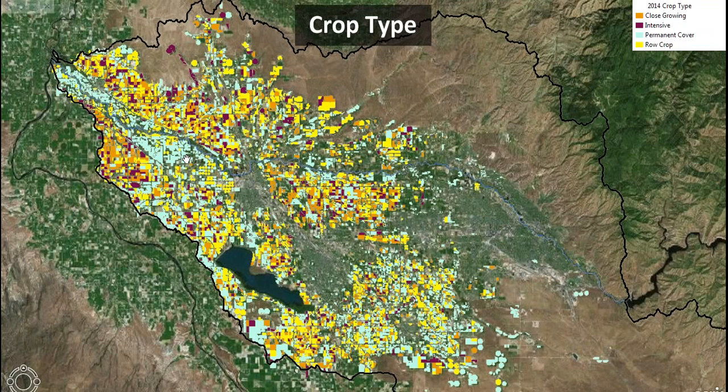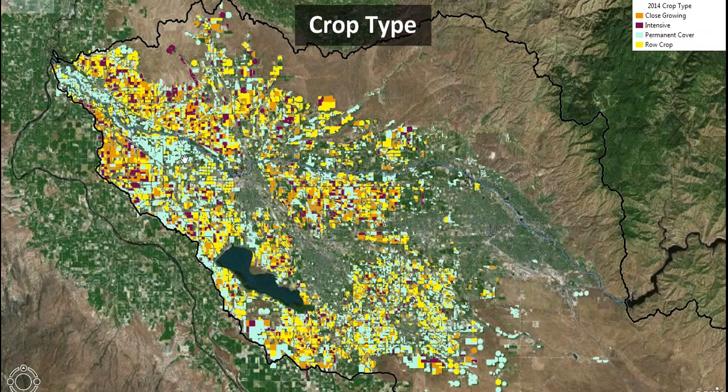These are intensively grown row crops, so as part of the agricultural production and the management practices that are associated with these crops, they involve a lot more disturbance of the soil. So it results in far less residue being left on the field at the end of the year compared to things like alfalfa, which is a far more close-growing type crop.